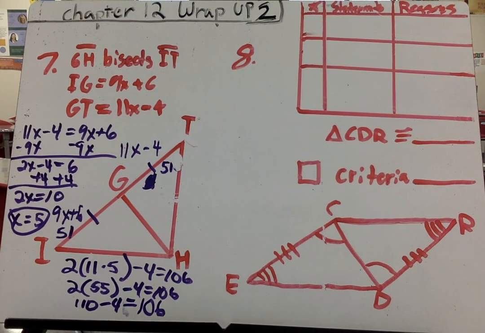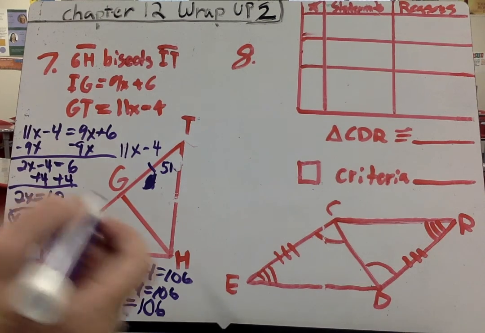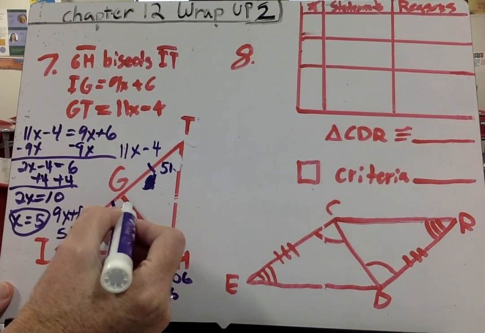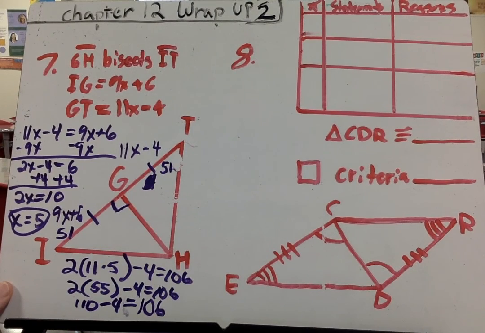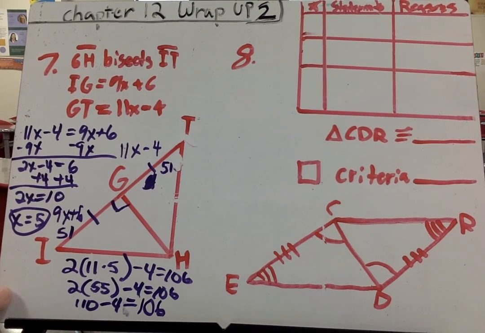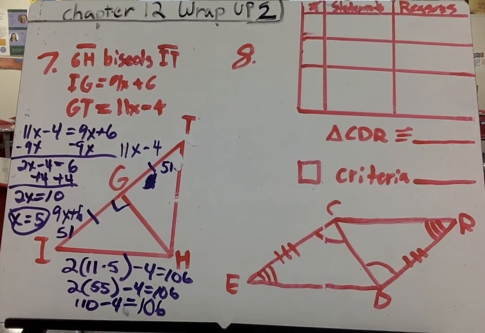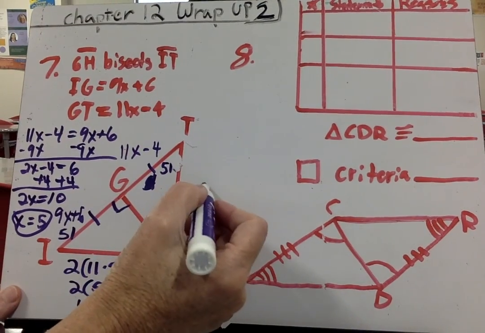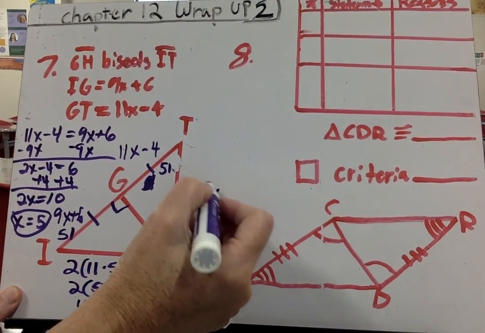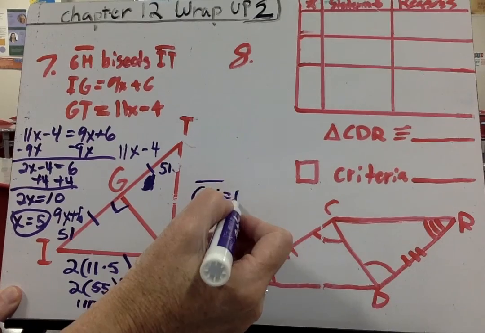Okay, so GH bisects IT. That means it's a right angle here. 51, 51. So GH equals 106.